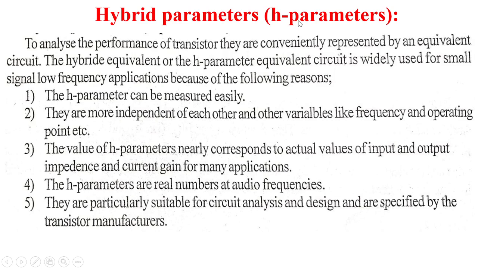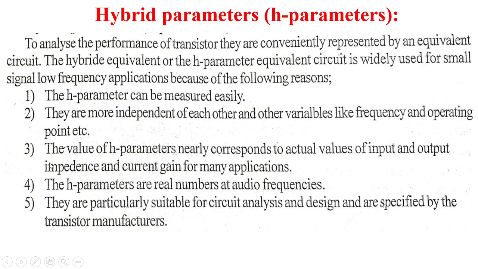Hybrid parameters, H parameters. To analyze the performance of a transistor, it is conveniently represented by an equivalent circuit. The hybrid equivalent or H parameter equivalent circuit is widely used for small signal low frequency applications because of the following reasons. First, the H parameters can be measured easily. Second, they are more independent of each other and other variables like frequency and operating point.